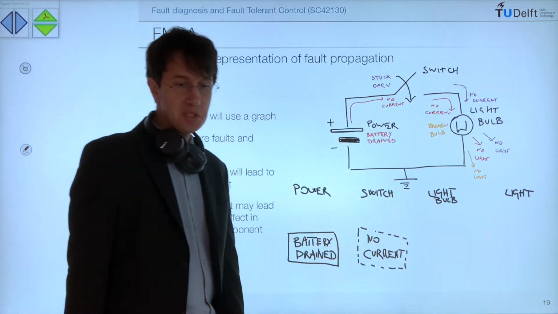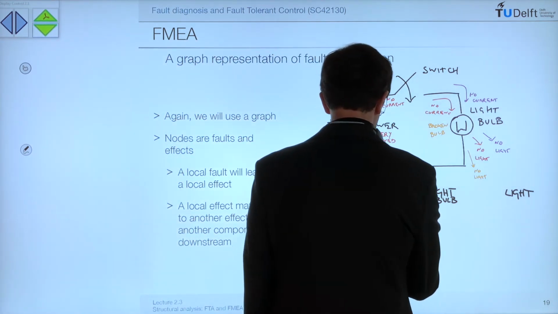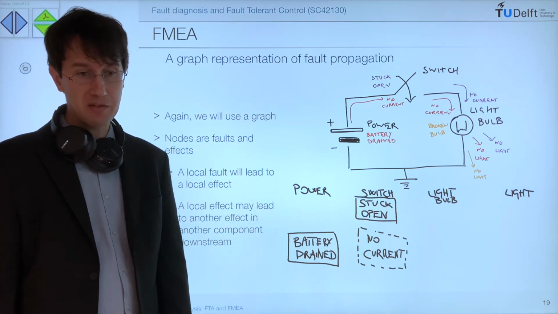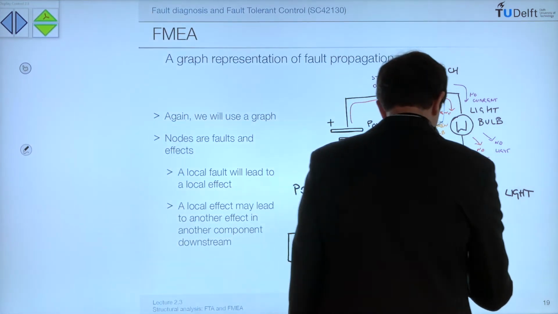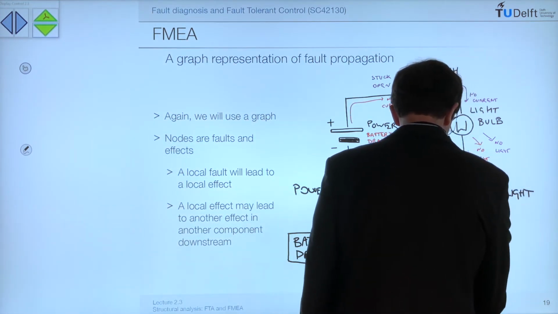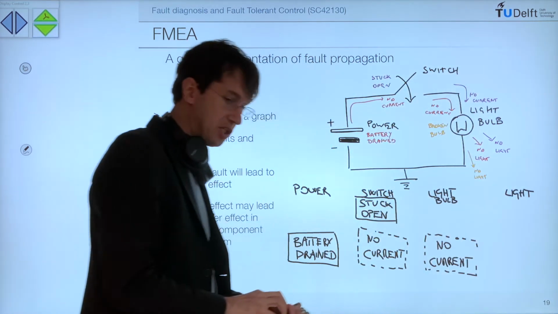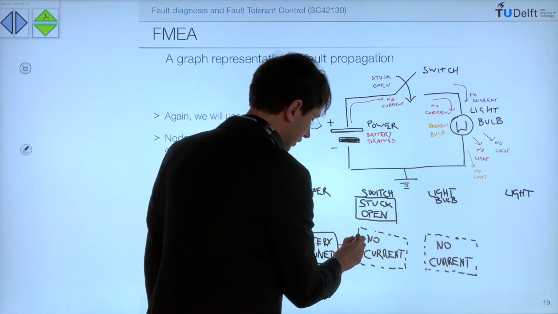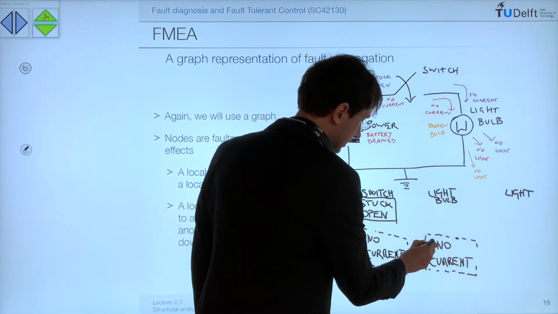But at the switch level, we also have a local fault that is the stuck open fault of the switch. But they are going to cause at the light bulb level the same effect anyway, no current, which is propagated, of course. So let us introduce some edges then to show the connection. So battery drained, no current. No current because of battery drained, no current at this level.